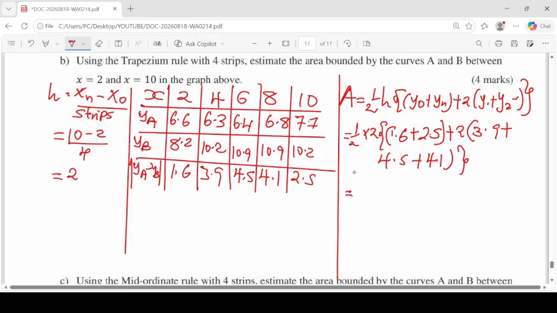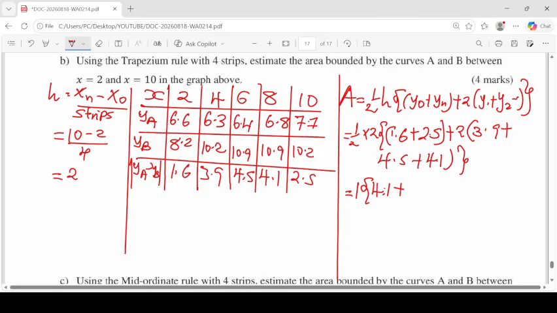So this will be a half times 2, that is 1, into 1.6 plus 2.5, you get 4.1. So this will be 4.1 plus 3.9 plus 4.5 plus 4.1. This is 12.5.